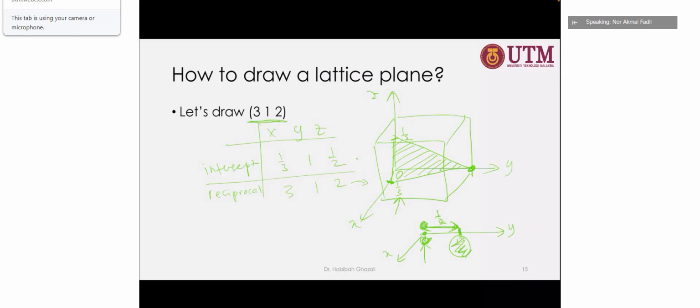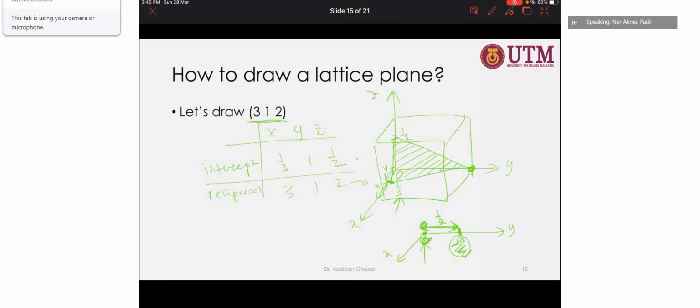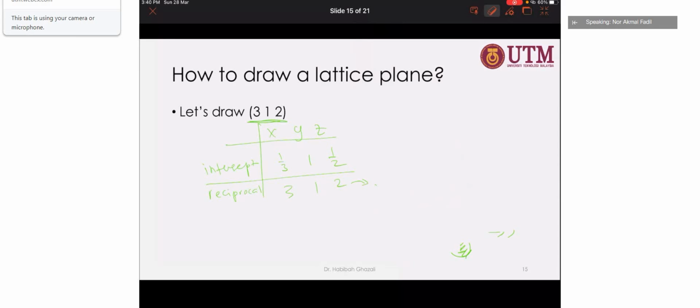I don't have to measure whether the distance from here to here is half or not. If x and y have a similar distance, then I need to interpret it as half. So not like that. You need to properly label the sketch. Without the proper label, you may not be able to give a correct answer.